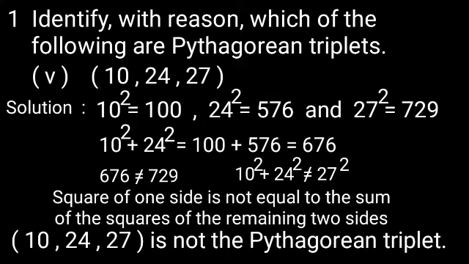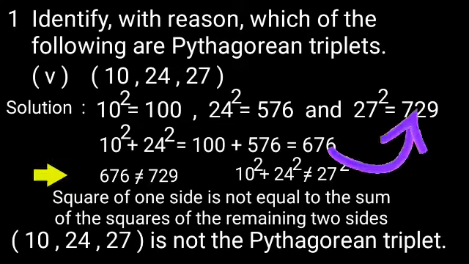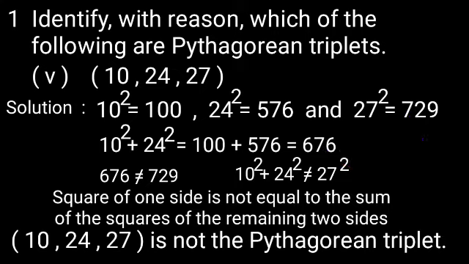The square of 10 and square of 24 is equal to 100 plus 576 is equal to 676. From this, the square of the largest number and the addition of the remaining two are not equal. 676 is not equal to 729.